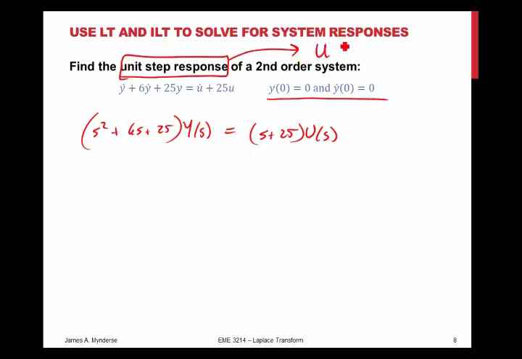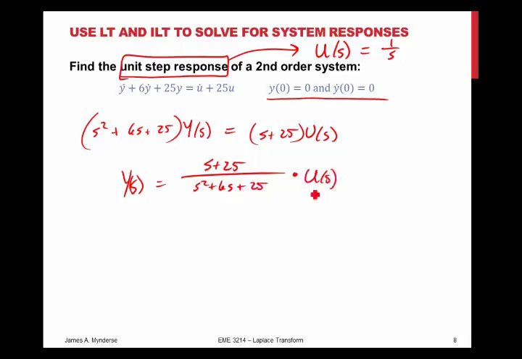And what that means is that u of s is going to be a unit step, 1 over s. So let's just substitute that in. So y of s is going to be s plus 25 over s squared plus 6s plus 25, and I'm going to multiply that by u of s. But u of s is just 1 over s.